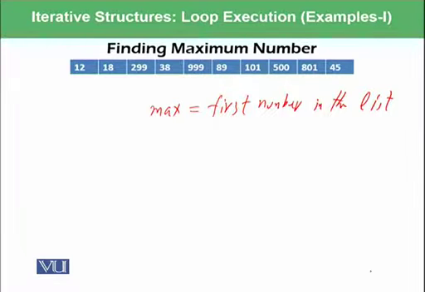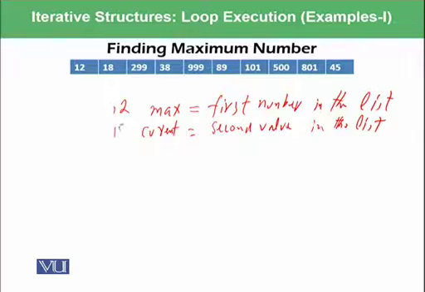Then the second value in the list is assigned to current, which is the value we want to compare. So max has 12 at the moment and current has 18, and we will compare 12 with 18, and if max is less, then the current value will be assigned to max and we will move forward. And until when will we do this procedure? Until we have the list.